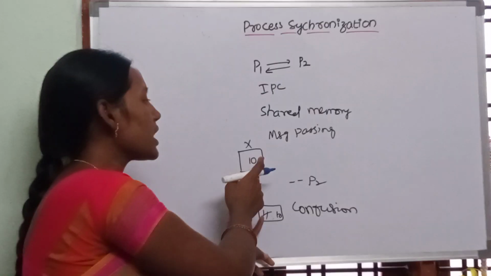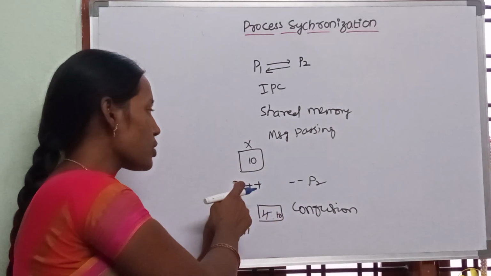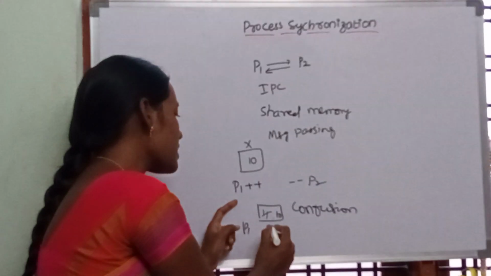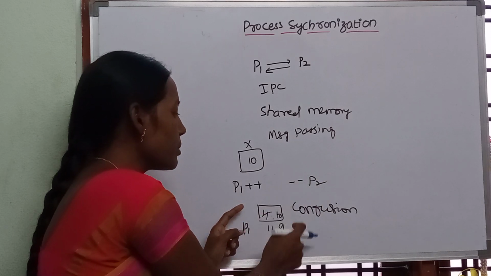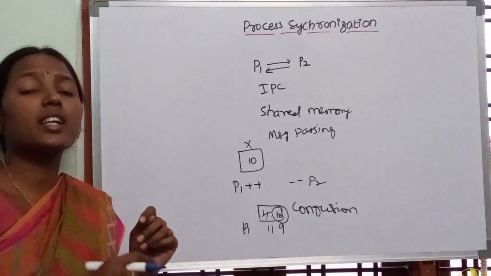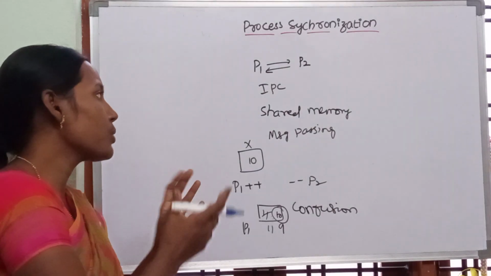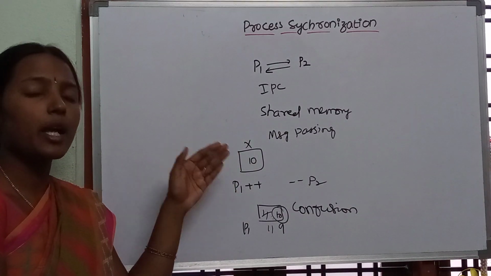Now P2 assumes that the value is already 10, decrements, so it should be 9. According to P1, the value of x will be 11. According to P2, the value of x will be 9. But what we have is 10. That means a conflict occurred when using shared memory between processes in IPC.